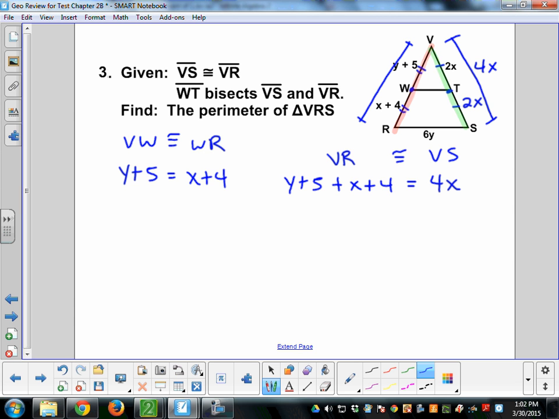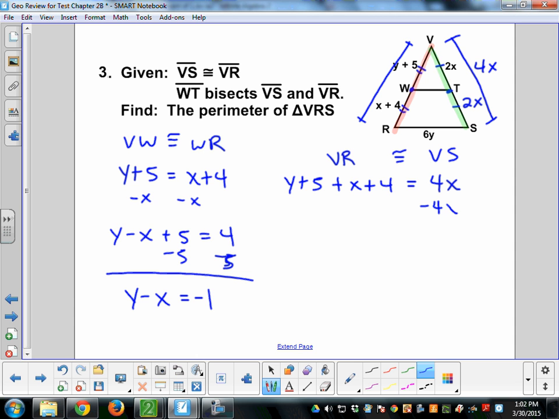So I'm going to subtract x from both sides, and I'm going to subtract 5. So I have y minus x equals -1. Over here, I'm going to subtract 4x from both sides.